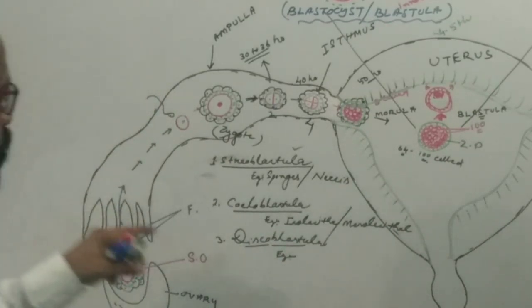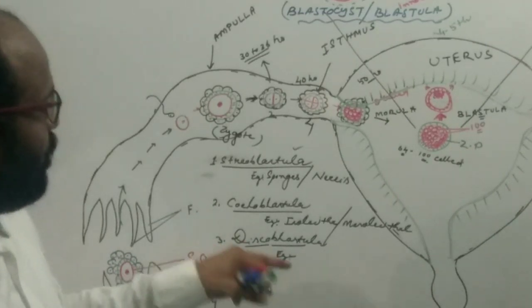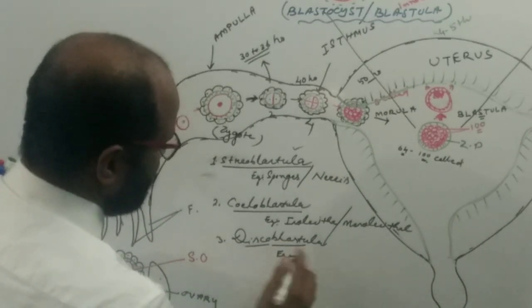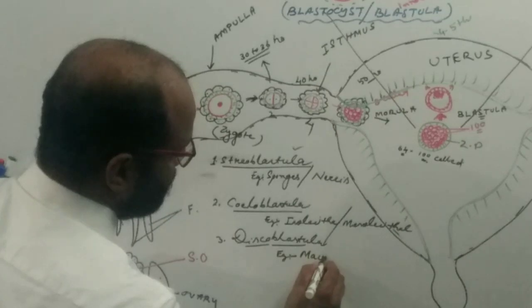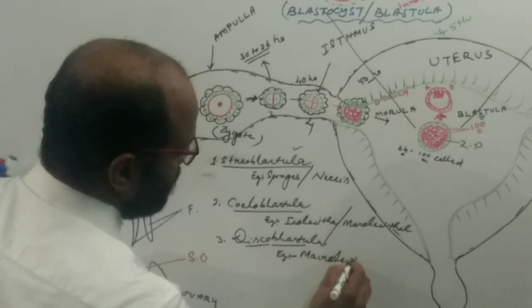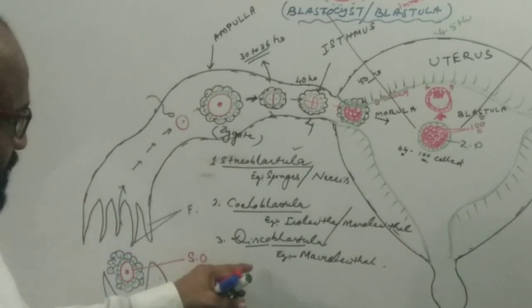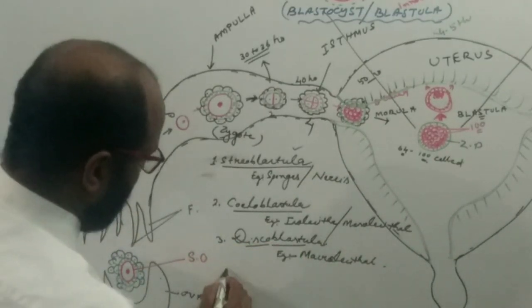Because of the discoidal cleavage, the discoblastula is formed in the case of fishes or macrolecithal eggs.